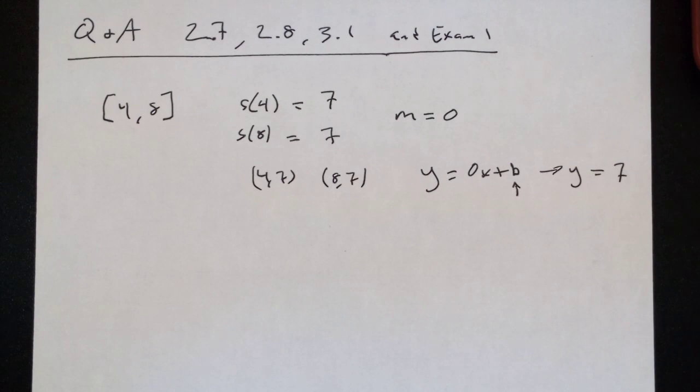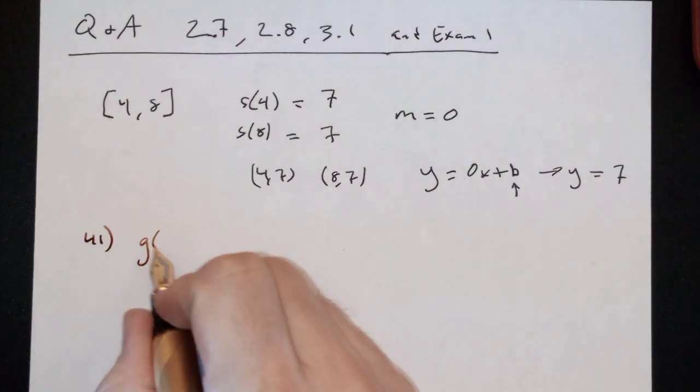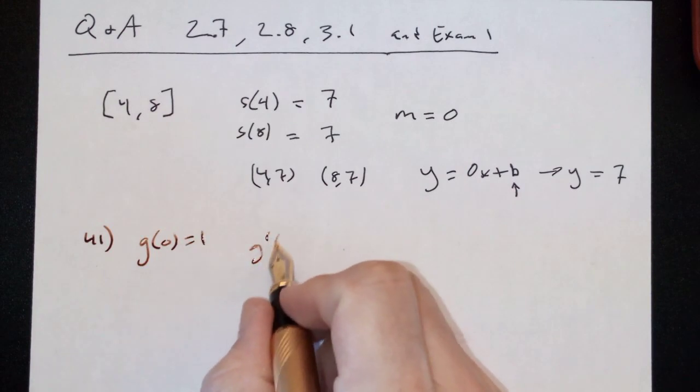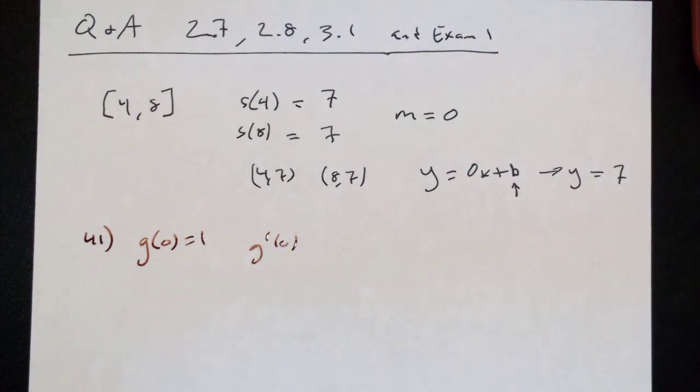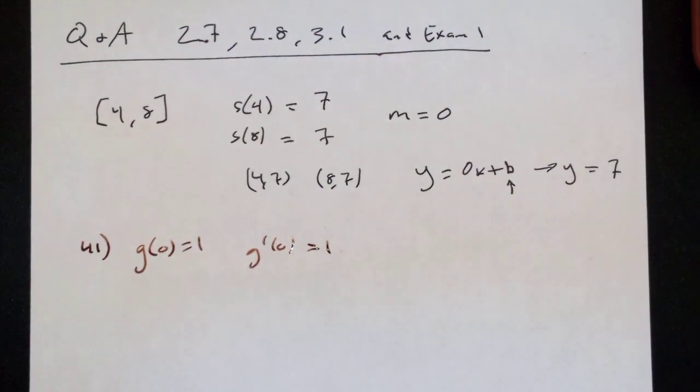In 41, we're told g of 0 is 1. G prime of 0 is also 1. G prime of -2 is 0.